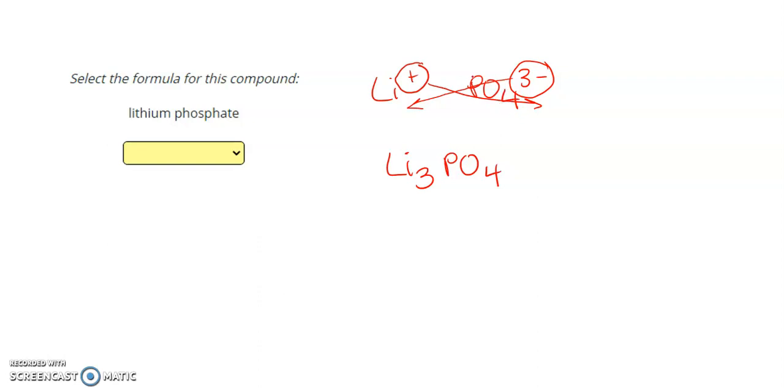This 4 in PO4 stays on phosphate. Never mess with these little subscripts on the polyatomic ion. Make sure to keep those the same. In the next example, we'll see what to do if you need to add a subscript to a polyatomic ion.